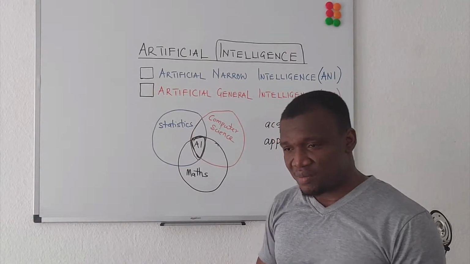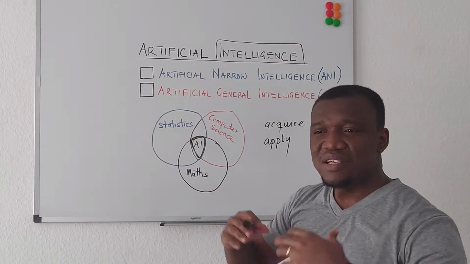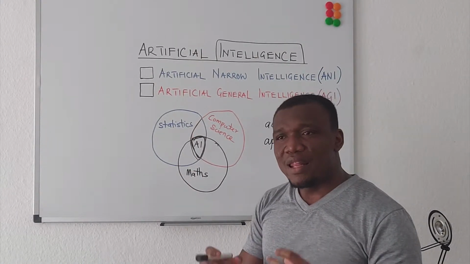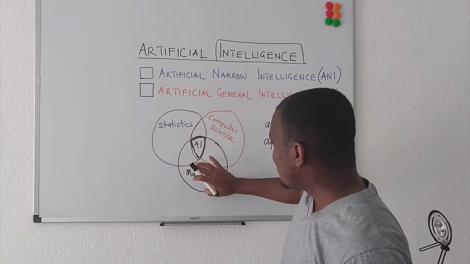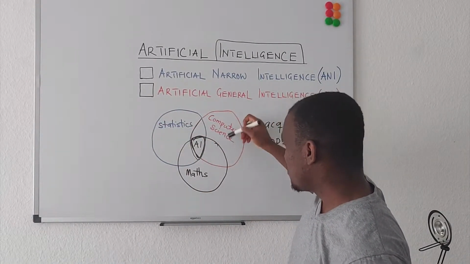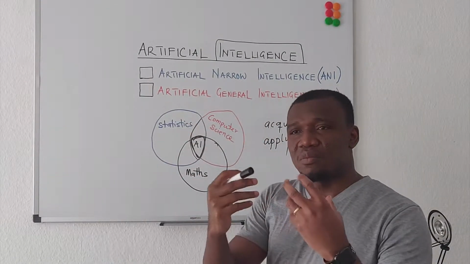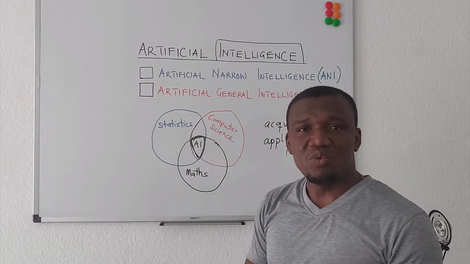Once we start the practical demonstrations, you see that all that these AI deep learning models are doing is to learn patterns from data using statistics, mathematics, and computer science, because of course you'll be writing code, mathematics and statistics, because there are approaches from these fields that you apply to be able to learn.